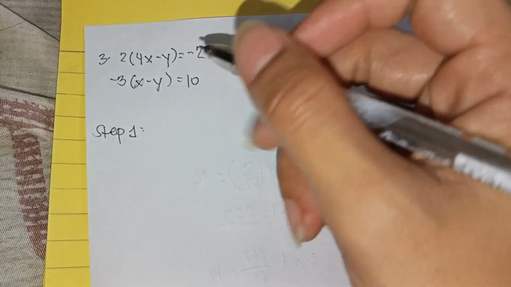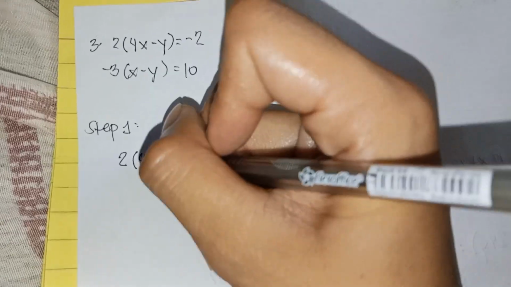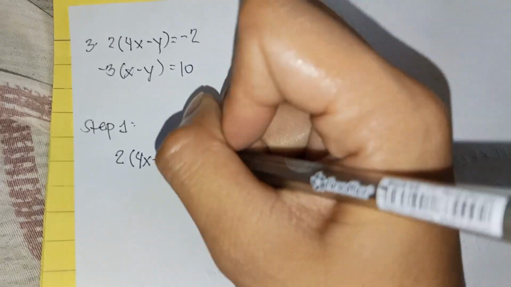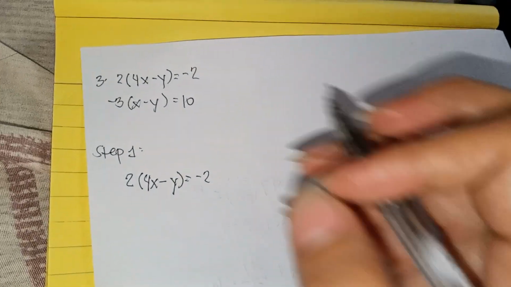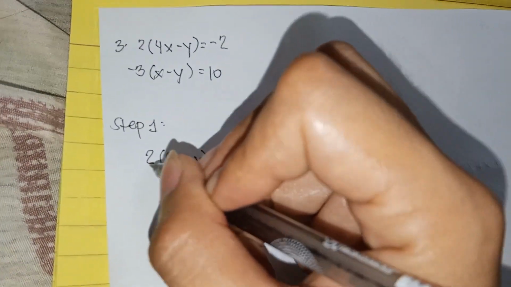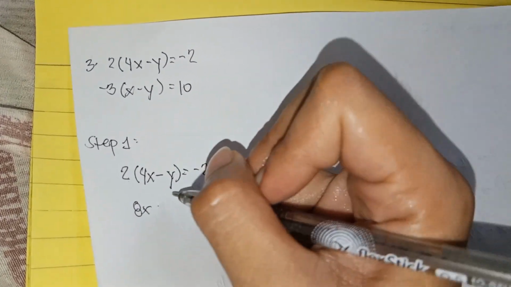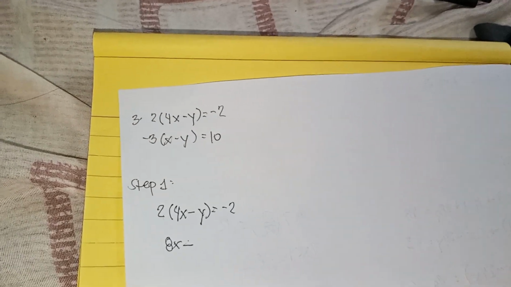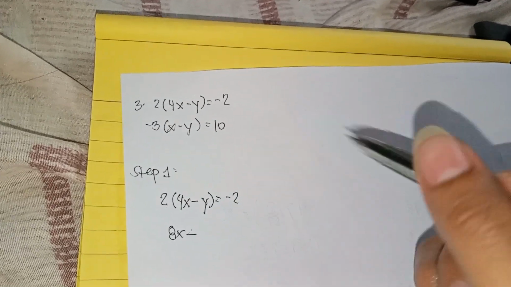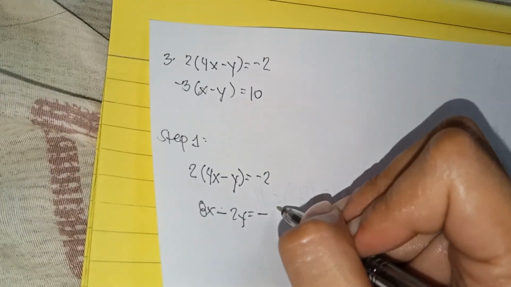So for our equation 1, this is for the step 1, 2 open parenthesis 4x minus y close parenthesis equals negative 2, diba? So multiply it out. 2 times 4 is 8x, 2y equals negative 2.